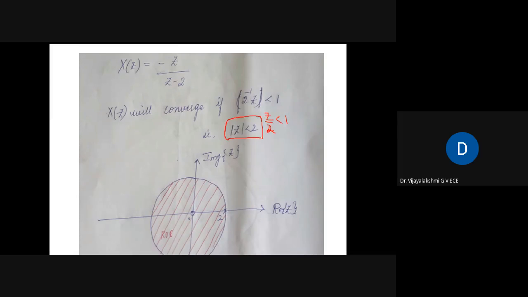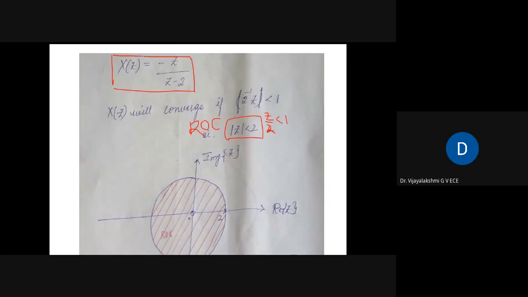So I take the magnitude of 2 power minus 1 into z less than 1, or z by 2 is less than 1, or z is less than 2. That means this X of z will converge for all the values of z which are less than 2. So this is your ROC. ROC is the set of all values of z for which the summation X of z will converge, right? Yes.